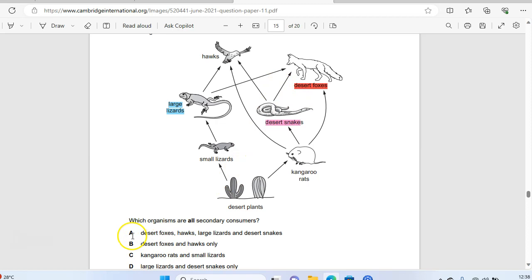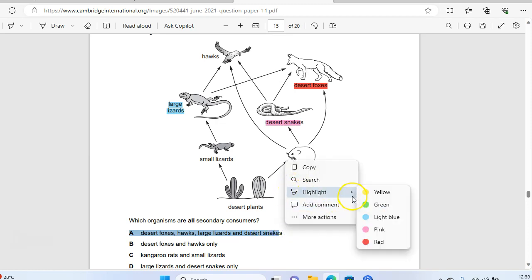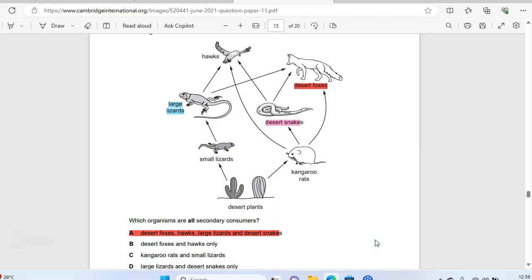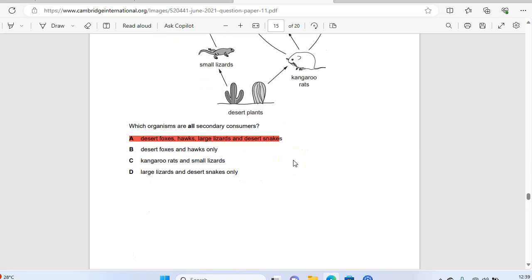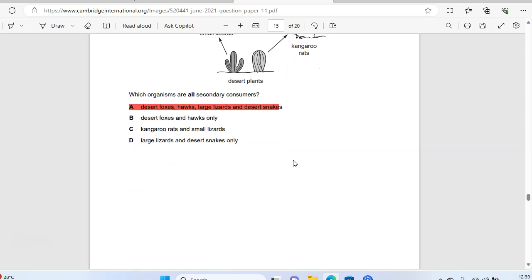So your answer is A. Fox. Desert plants are producers, not primary or secondary consumers. So the answer is A.